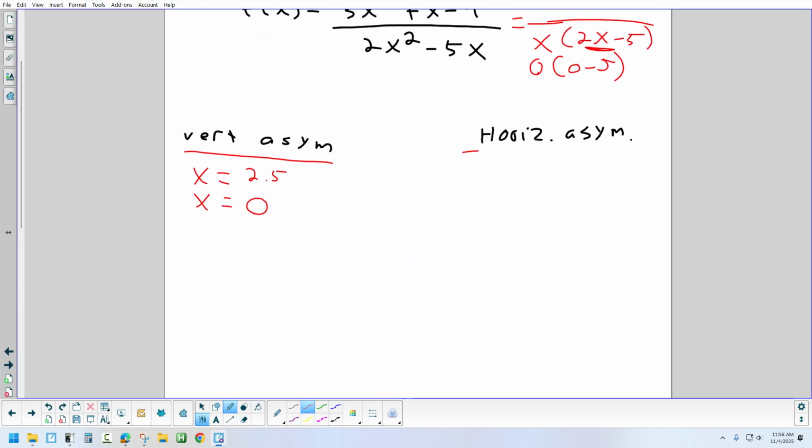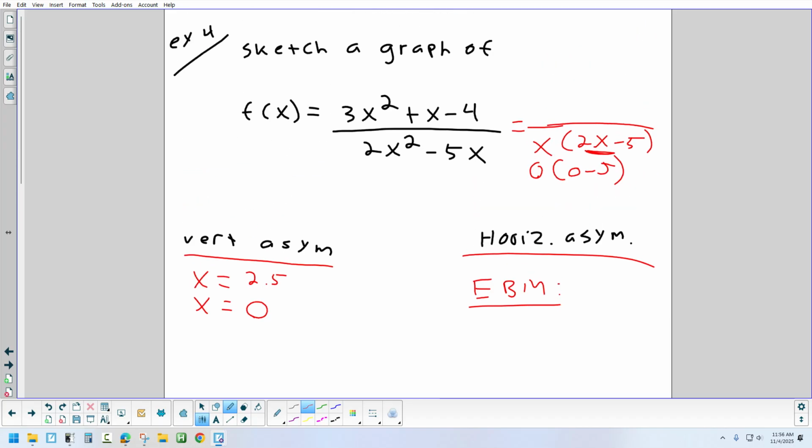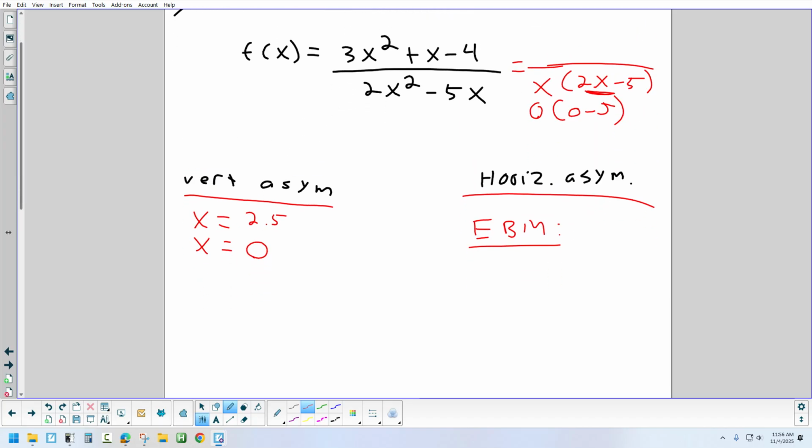The horizontal asymptote, let's do the EBM. What's the highest degree term in the top? 3x squared. And what's the highest degree term in the bottom? 2x squared.